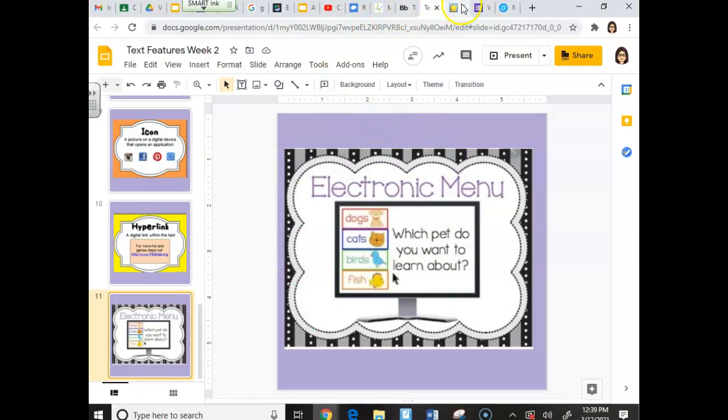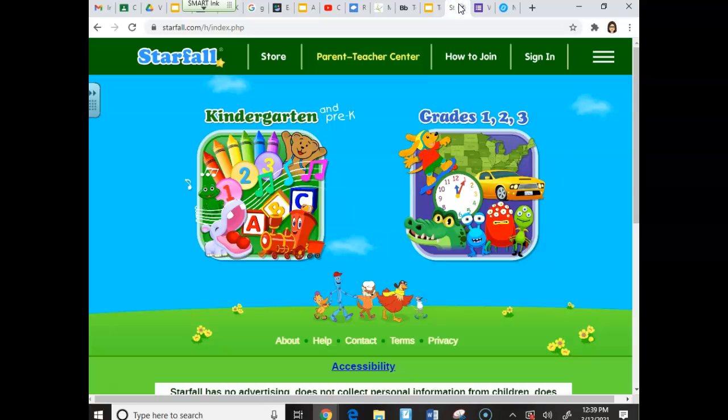All right, now I'm going to take you to Starfall. All right, so up here is the hyperlink for Starfall. All right, which Starfall icon should we click on? Left or right? You need to read. All right, we need to go to the right because we are in grade 2.